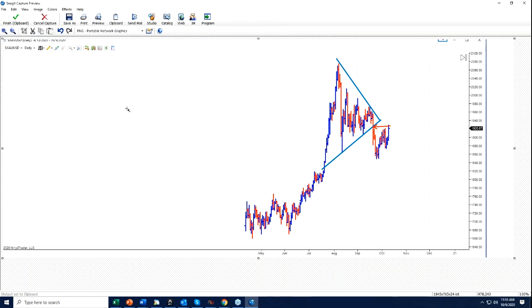And I don't know. I'm still feeling that this thing is going to go lower. We're at this area and we retested this area right at the breakout point. So let's just see how we close today.